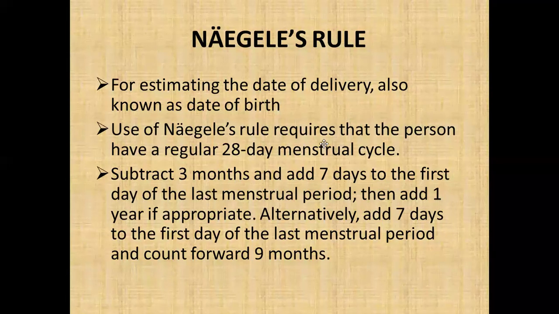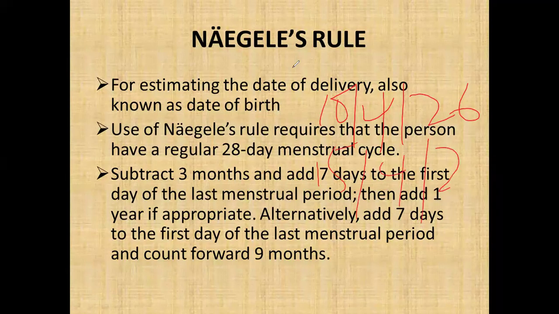Let's still stick with the example I gave using the April 10th. Let's say that the patient came with a history that says that her last menstrual period started from 10th April. And so 10th April, we are using 10/04/26. And then it ended on 15/04/26.